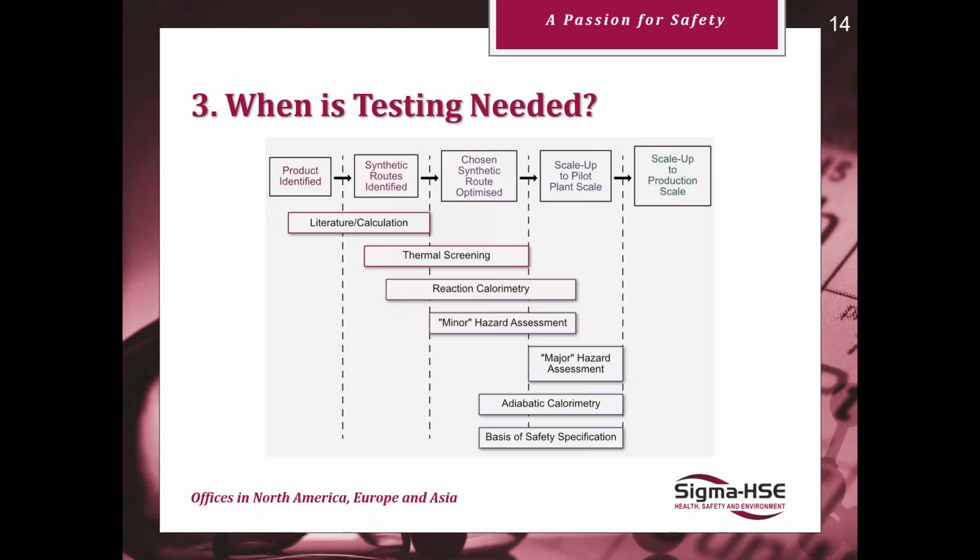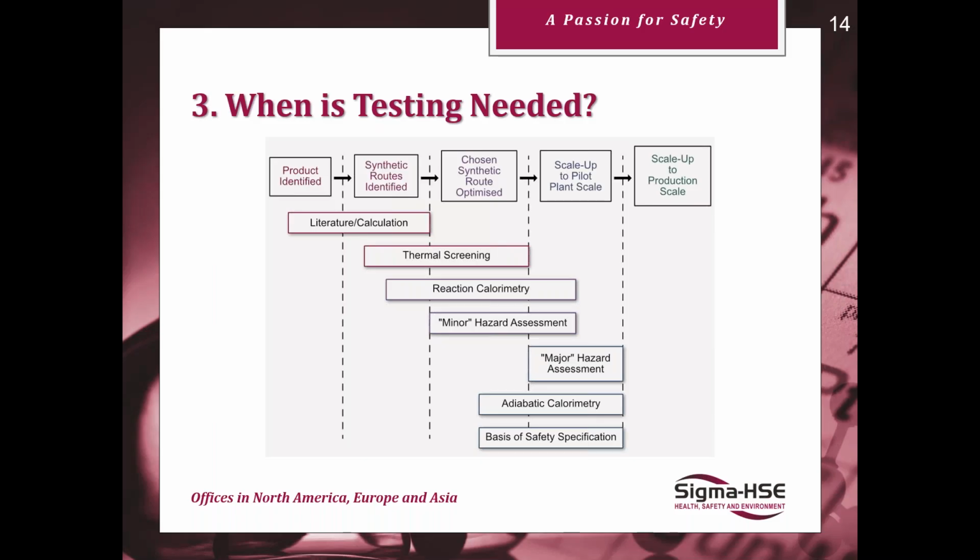So thirdly, when we might suggest testing to be needed, this is a kind of typical timeline for suggested testing for reactive systems. So going through an R&D process for designing a new chemical product, going through R&D to scale up and then production.